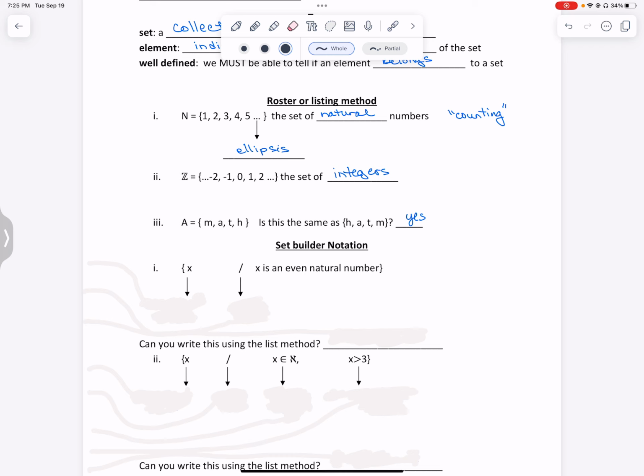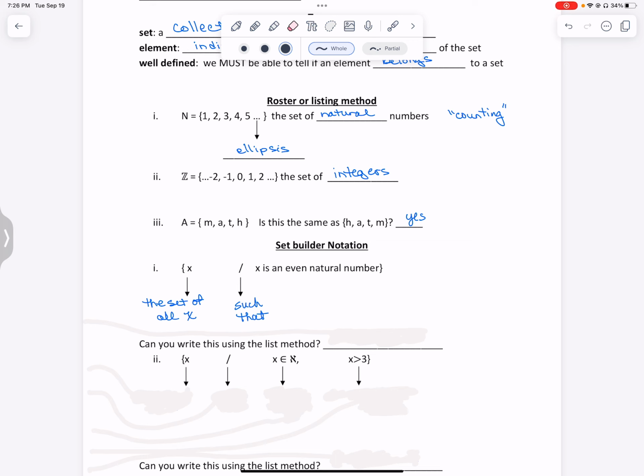But all set builder notations have a few other things involved. They're going to have this X. That little bracket means the set of. So the set of all X, and then that little slash mark means such that.